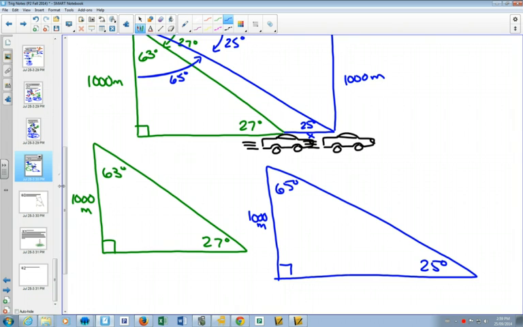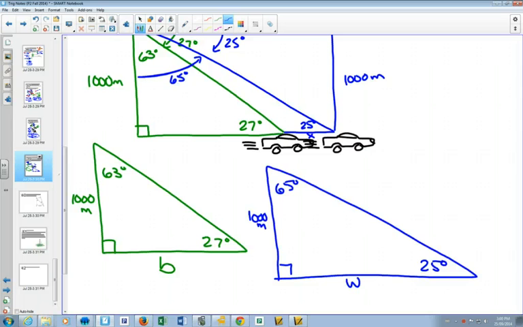What letter do you want to call the base of the green one? Okay, what was the first one? Who said it first? B. Okay. I just heard it. Okay, we'll call it B. What about the blue one? Do you need the base? W. Okay. Perfect.